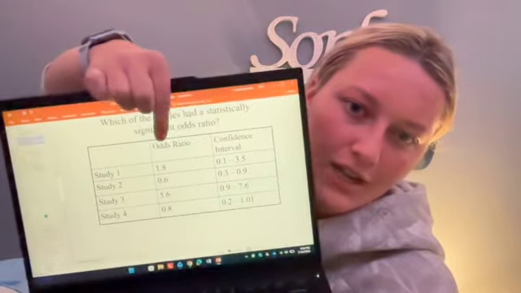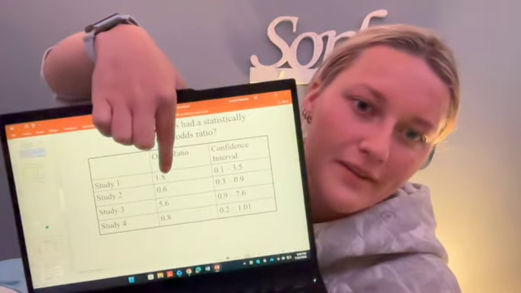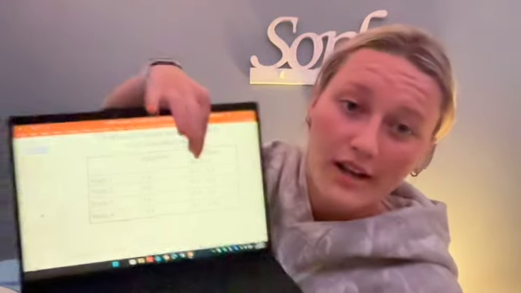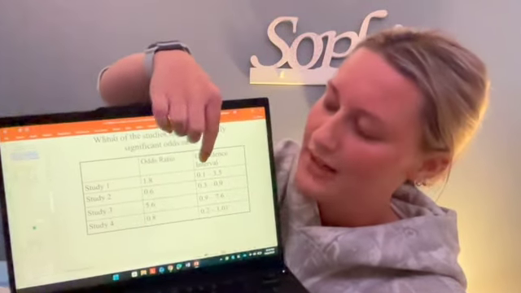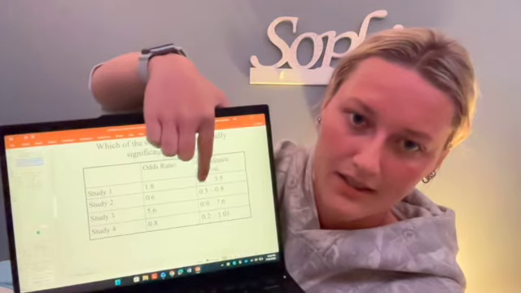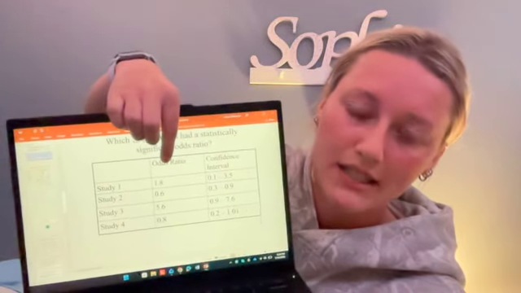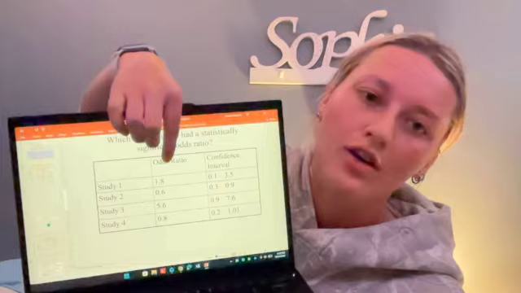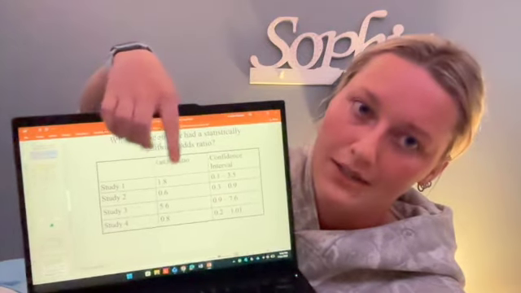If you're looking at an odds ratio and it crosses 1, that means it's insignificant. So the top one's the answer. But if it was a t-test, you're looking at something that crosses the 0 line to be insignificant. Other than that, it's significant. I hope that didn't just throw you off. I apologize.